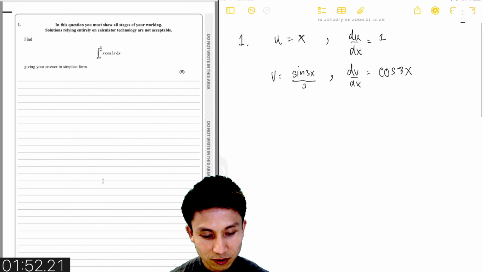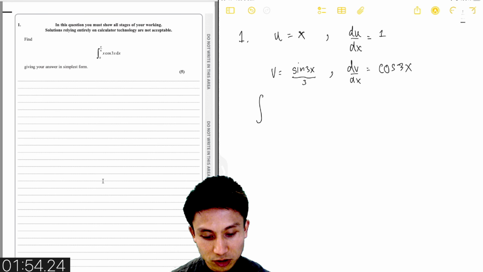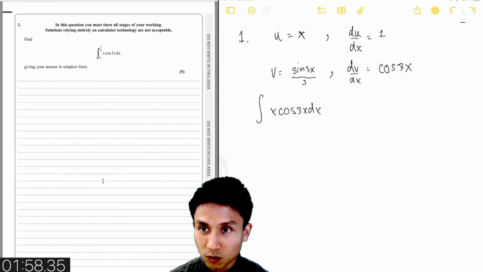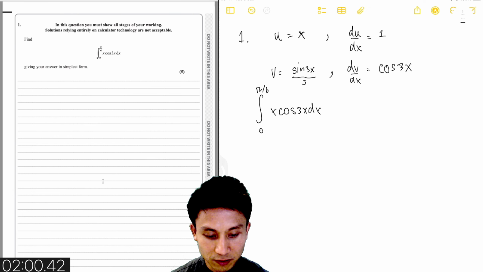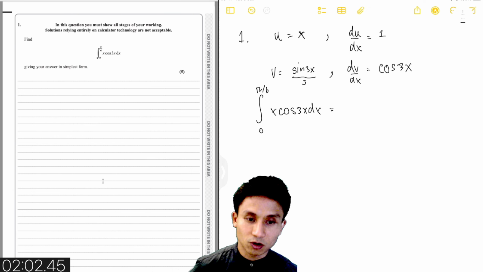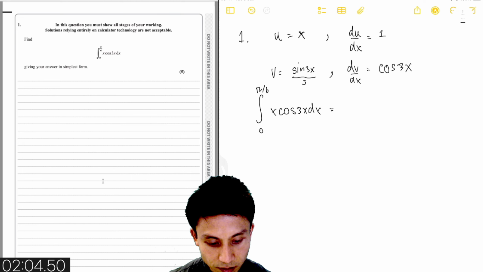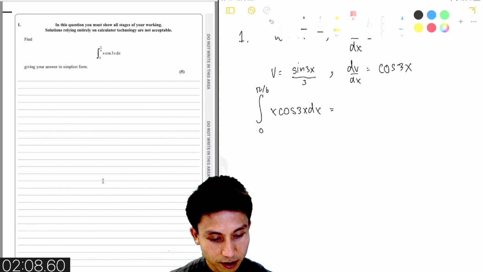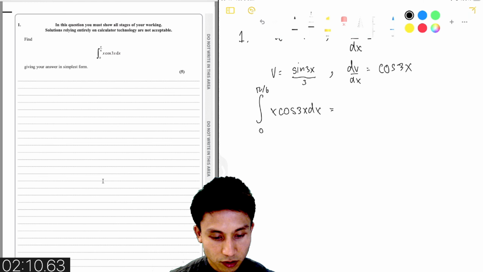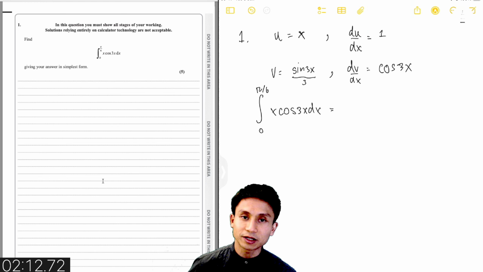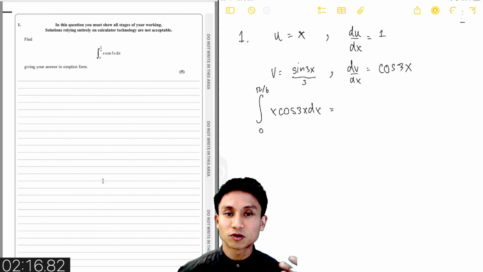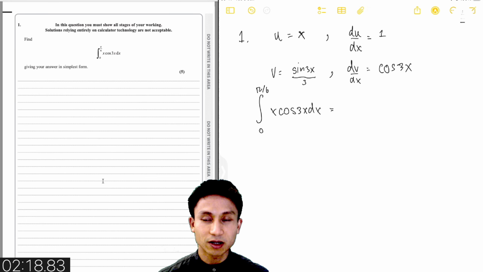Now by parts, right? So I'm just going to write here first, integral x cos 3x dx with the bounds of 0 to pi over 6. It will now be equal to uv, right? So the formula for integrating by parts is uv minus integral v du.